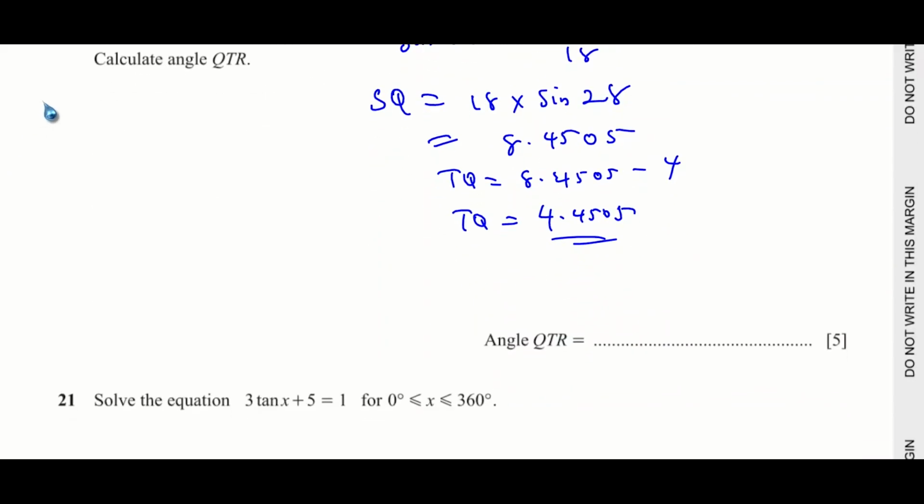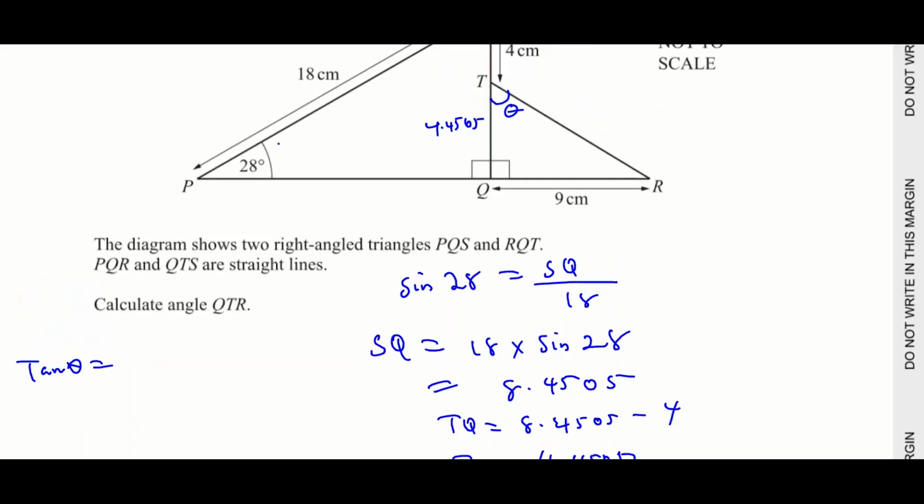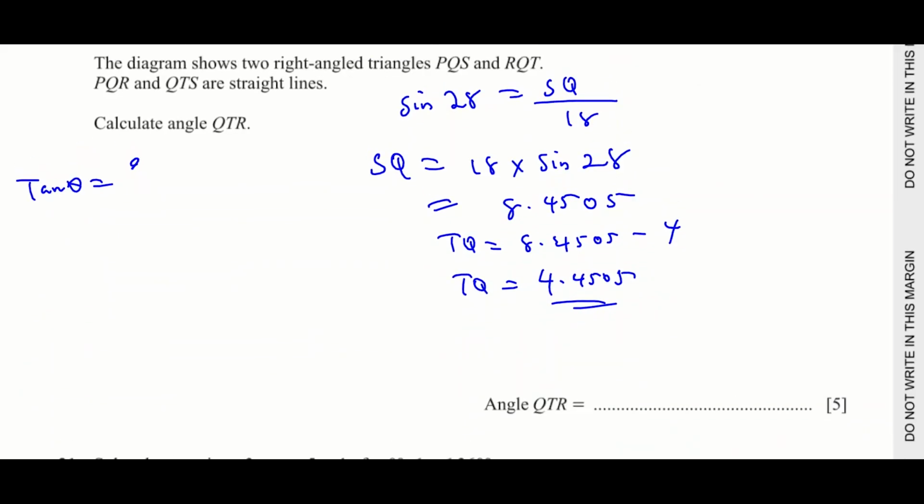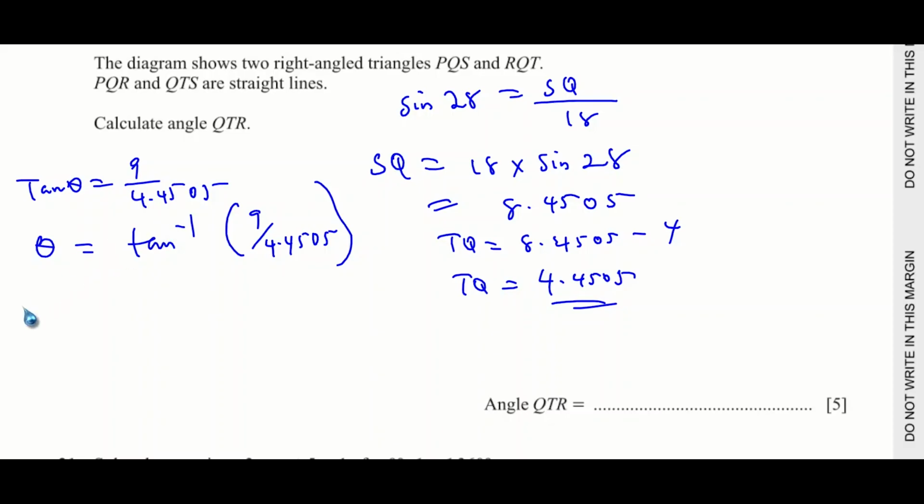So tan theta equals opposite, which is 9, over 4.4505. So theta is equals to tan inverse of 9 over 4.4505. You can input this into your calculator and the value of theta will be 63.7 degrees to one decimal place.